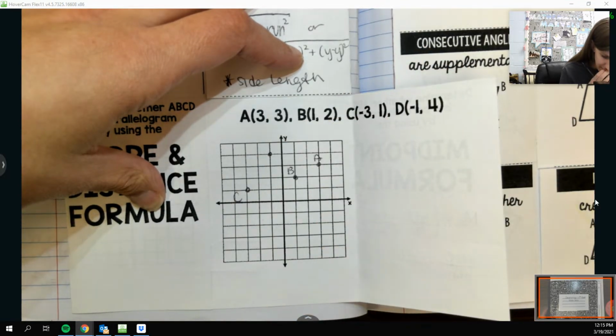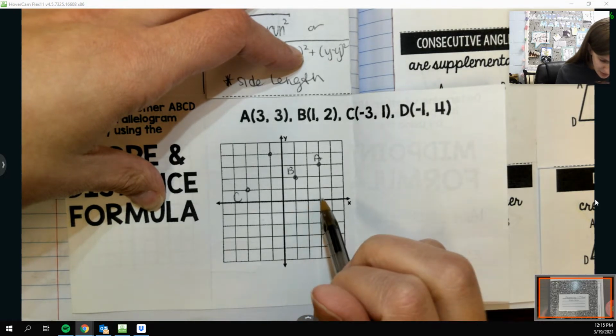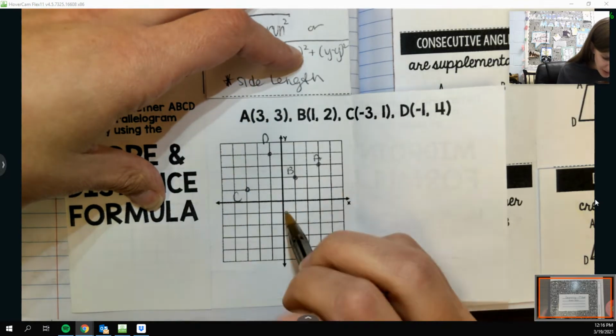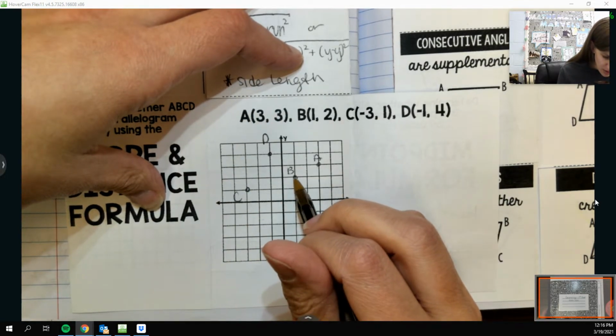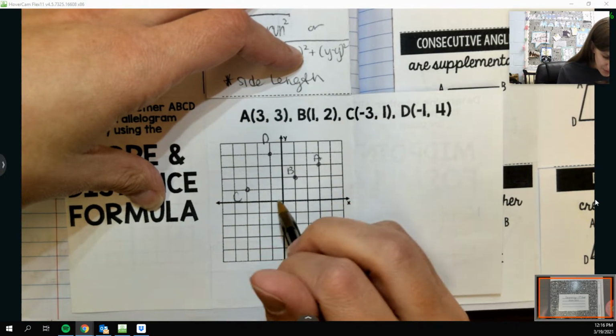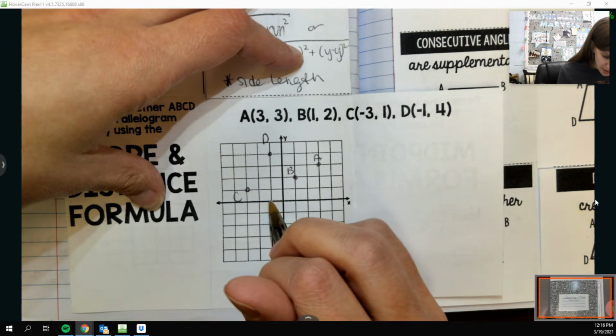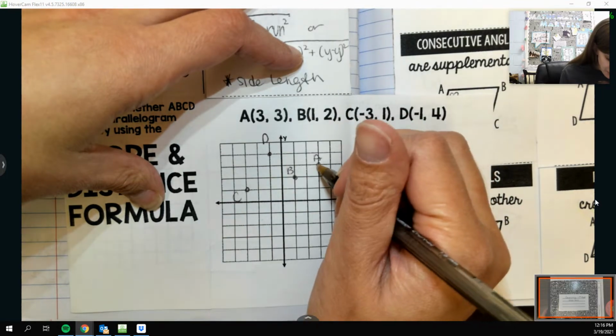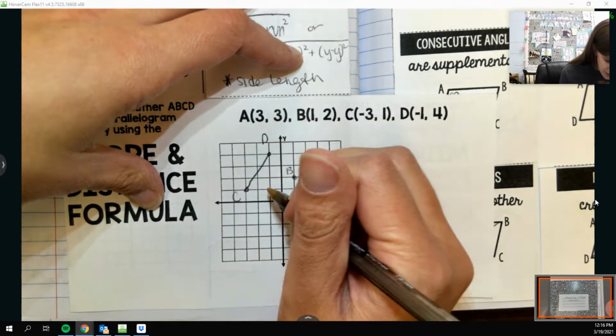What? Did I plot A correctly? 1, 2, 3, 1, 2, 3. What is going on? Did I plot everything correctly? 1, 2. -3, 1. -1, 4. All right, well, connect them.